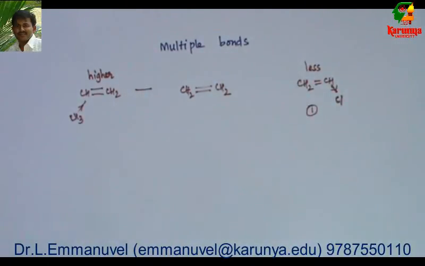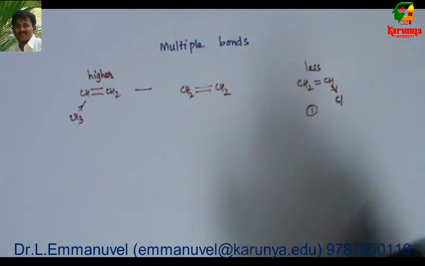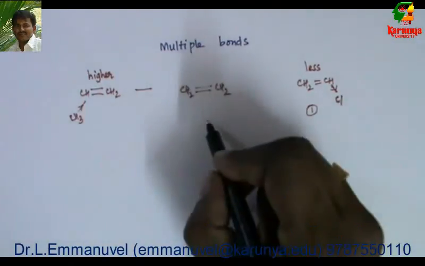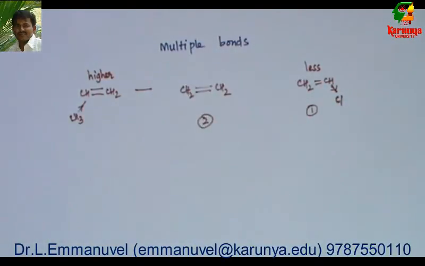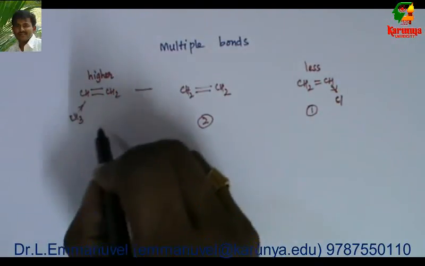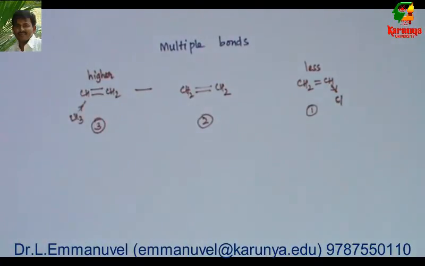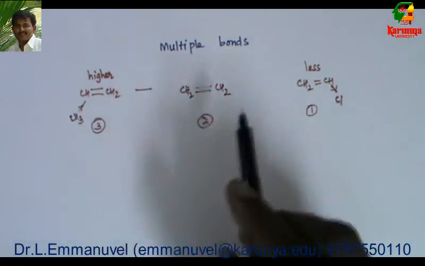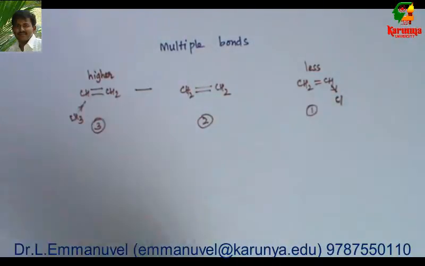It has the lowest electron density because of the higher electronegativity of the halogen atom. Second one will be this one because there is no group to give or to remove the electron density. Third one is this. So this is highly nucleophilic compared to this or this one.